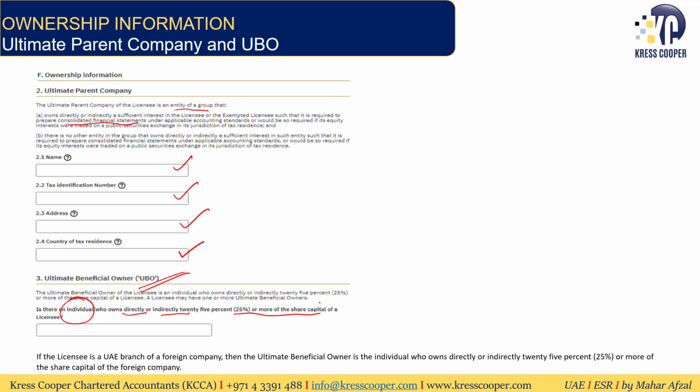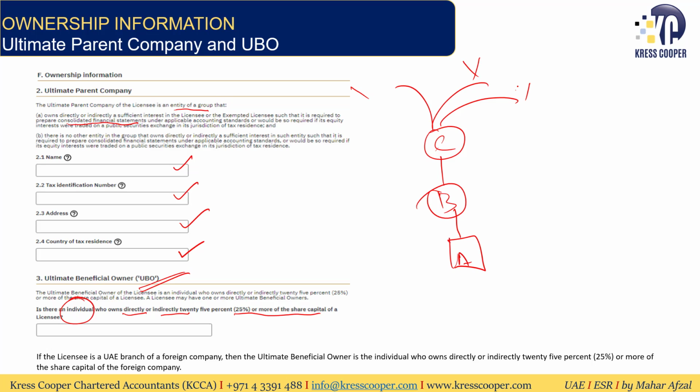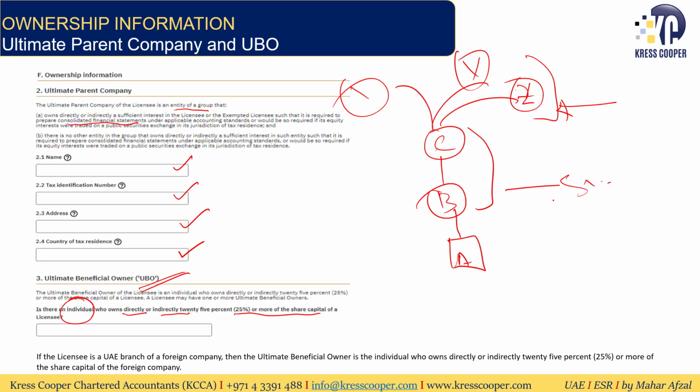If company A is owned by company B, and company B is owned by company C, and ultimately company C has natural persons Mr. X, Y and Z, then X, Y and Z will be considered the ultimate beneficial owners. A and B will fall under the shareholder category of company A. We need to be careful regarding this.